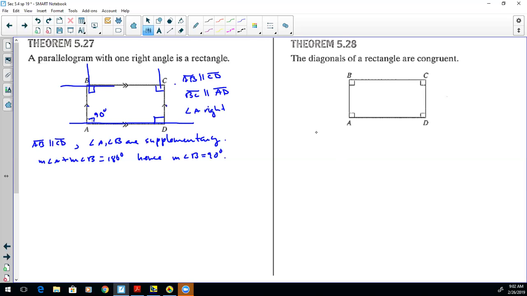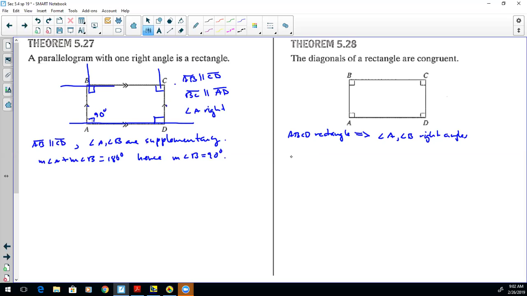Let's do a sketch of the proof of theorem 5.28 here. The diagonals of a rectangle are congruent. So if ABCD is a rectangle, then angle A and angle B are right angles, as shown. We'll not worry about C and D right now.